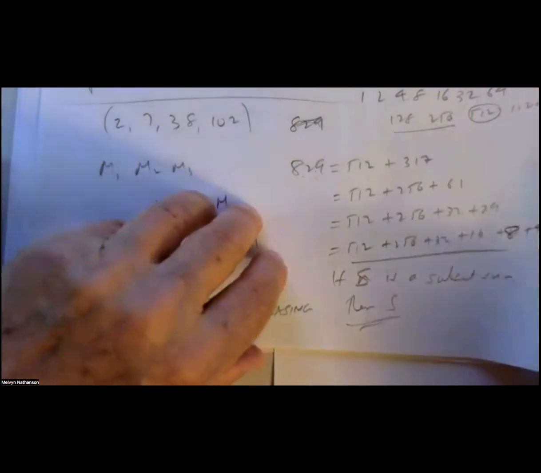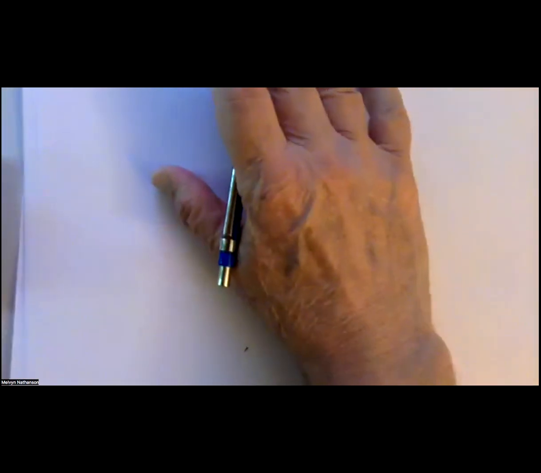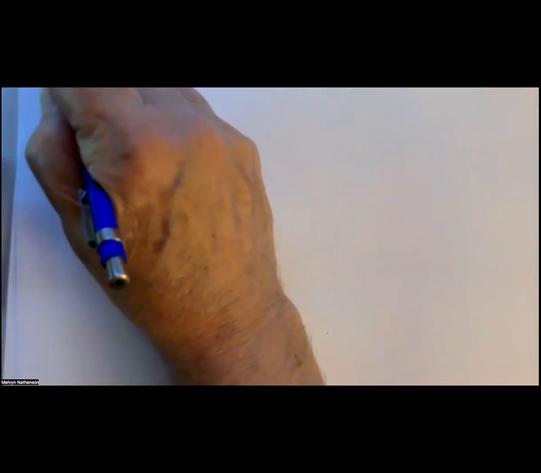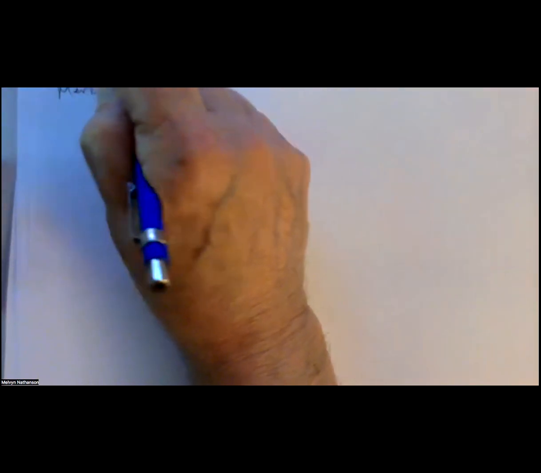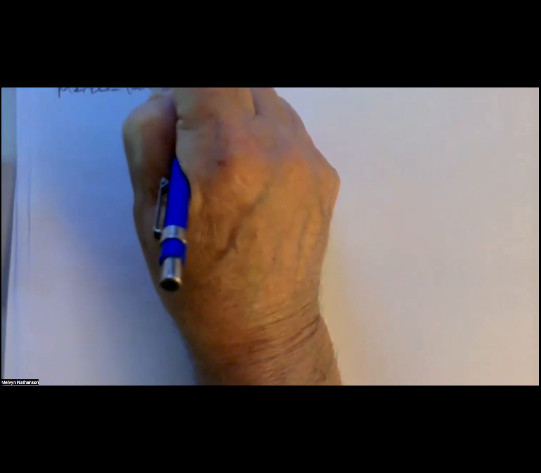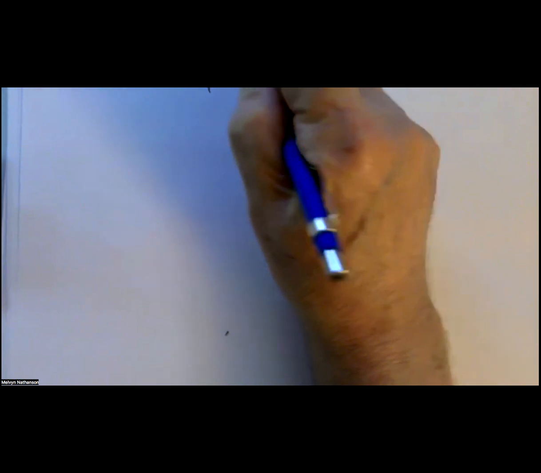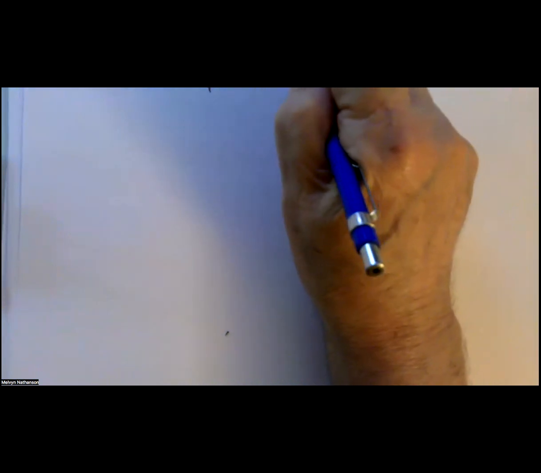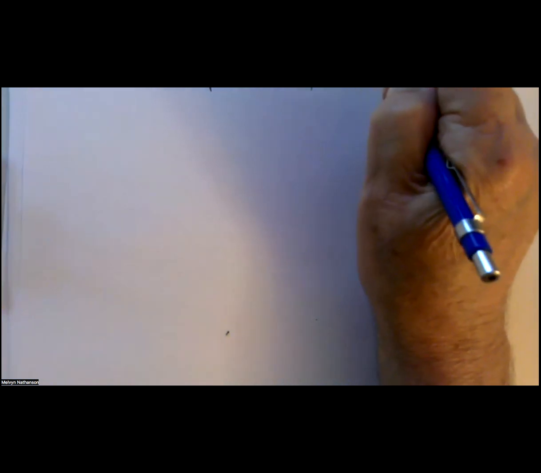And this was done by Hellman, from Diffie-Hellman, and a colleague named Merkle. This is sometimes called the Merkle-Hellman public key cryptosystem.